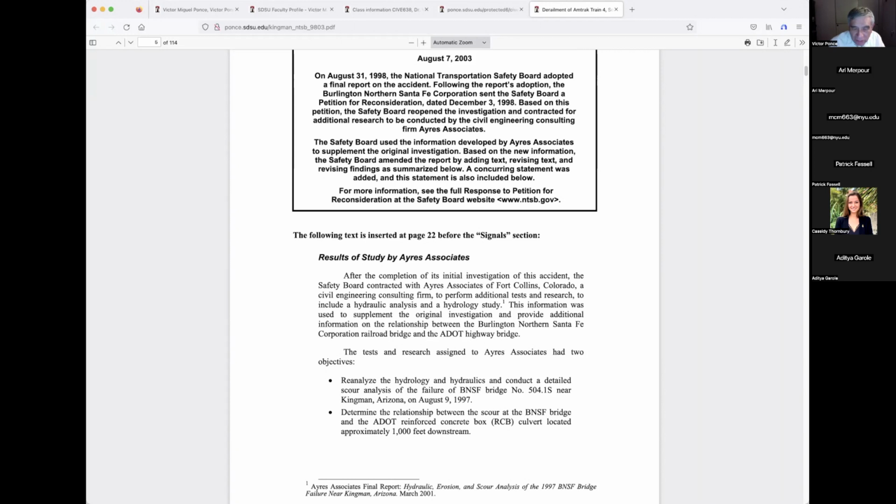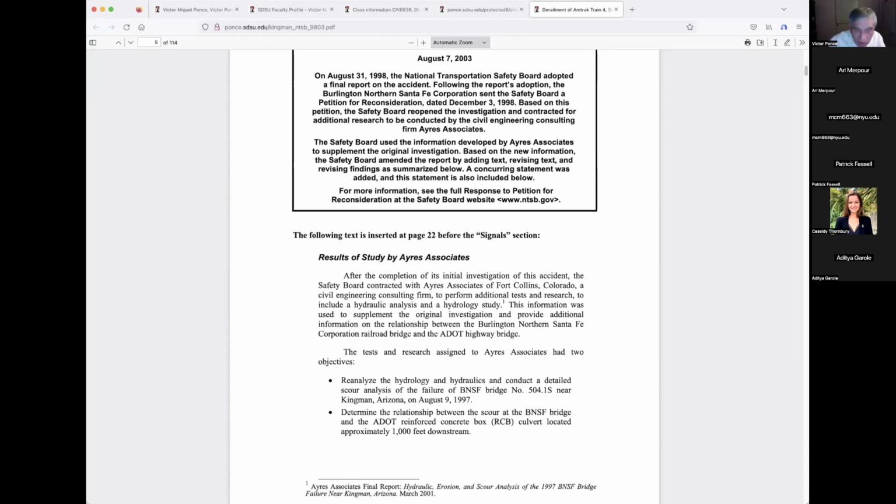Determine the relationship between the scour and the ADOT reinforced concrete box culvert located approximately 1,000 feet downstream. So there was a claim that anytime you have a failure here on this site, there are local situations that perhaps make it possible for two structures to have interacted with each other.